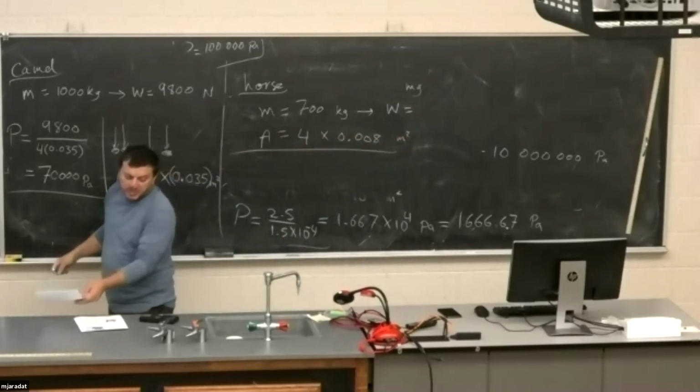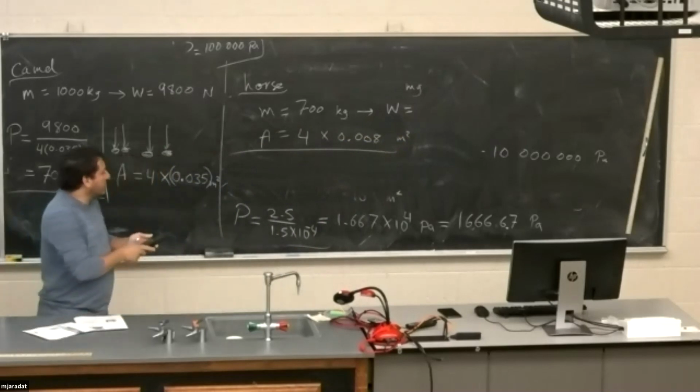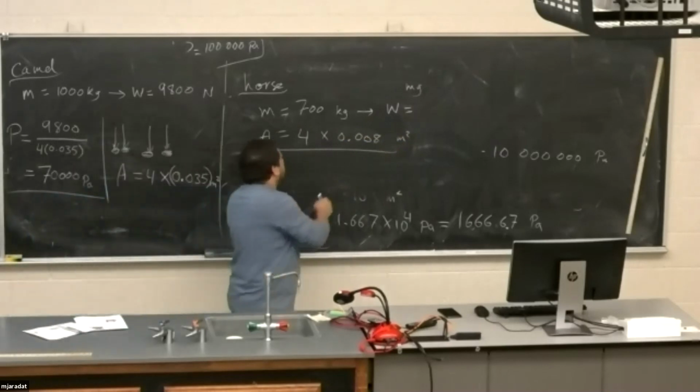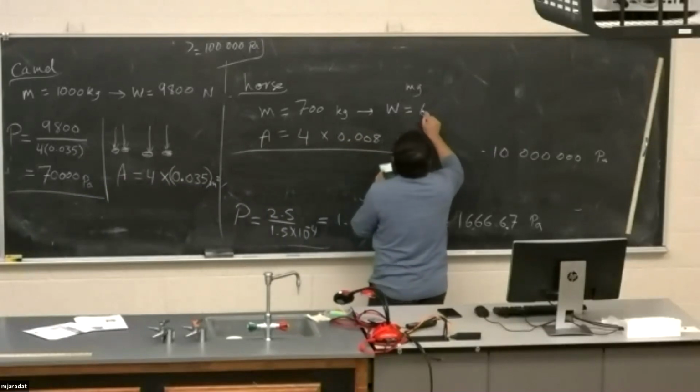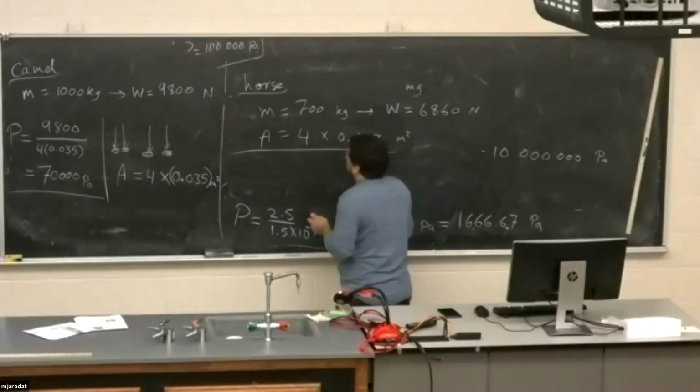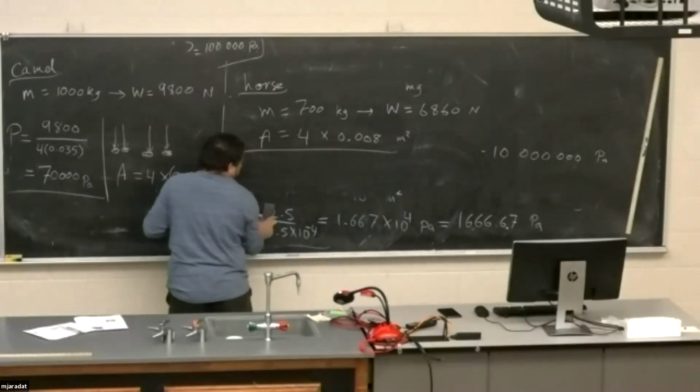I converted from centimeter squared to meter squared. So the weight, which is the force, is 700 times 9.8, which is 6,860 newtons.